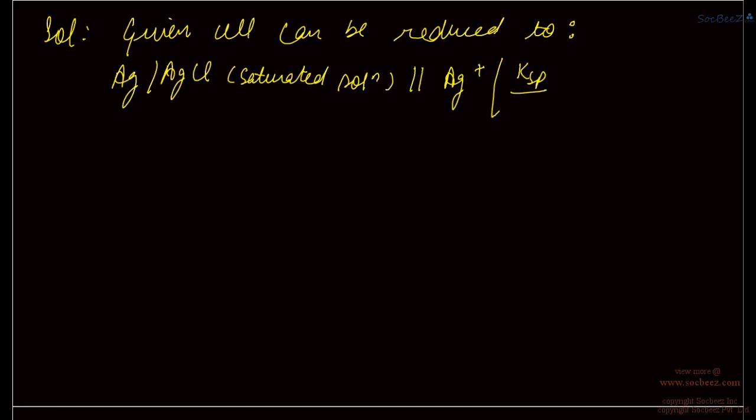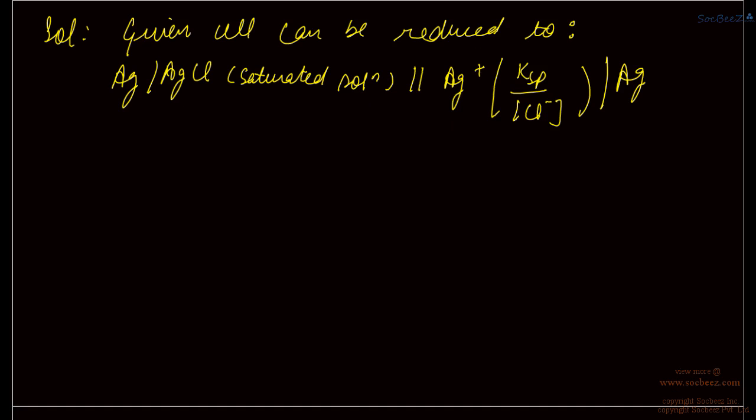Ag positive, its concentration is Ksp upon Cl negative, Ag. So this is the cell in reduced form, or in a simpler form.